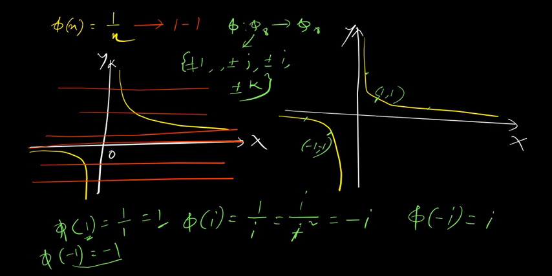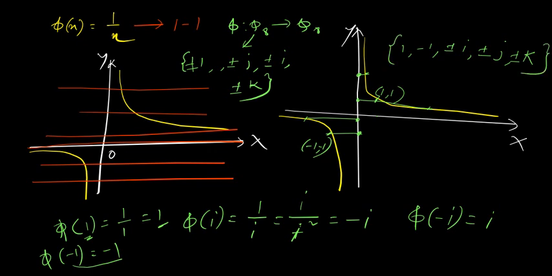If you take the projection of all of those points on the y-axis, then the points are this. These points are 1, minus 1, i, minus i, j, minus j, and k, minus k.